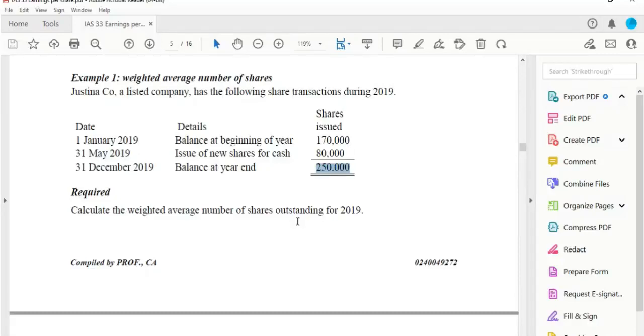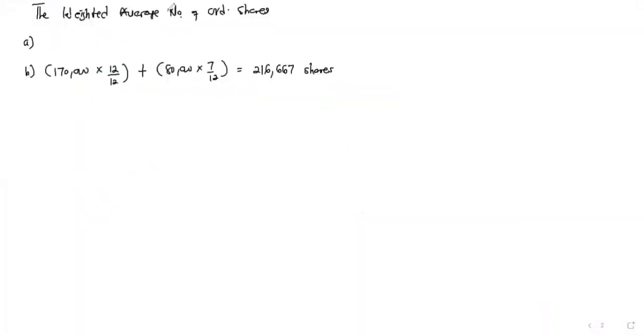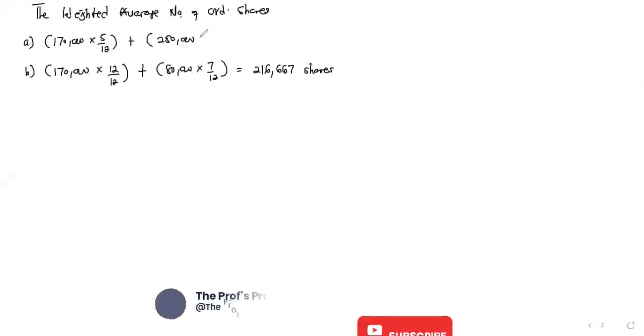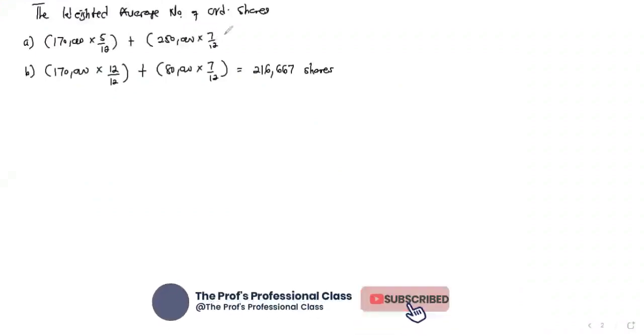June, July, August, September, October, November, December. That's 7 months. That's correct. So 170,000 lasted for 5 months, then the 250,000 lasted for 7 months.